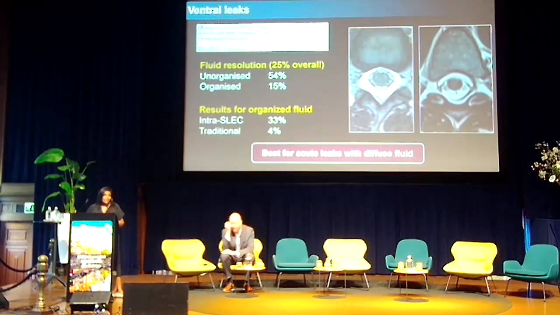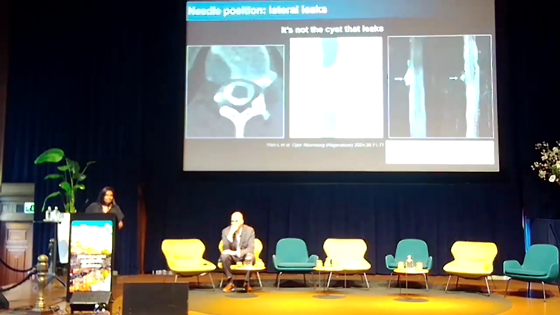But if we break that down into the different types of collection, when it's unorganized, i.e. when it's acute, there's a much higher chance of success. And here's the thing, if it's organized, you really want to be inside those membranes. If you're not inside, you are really gonna struggle to be successful with closing that. So I would assume from that therefore, this is best for acute leaks with diffuse fluid, which is what we see in the acute setting.